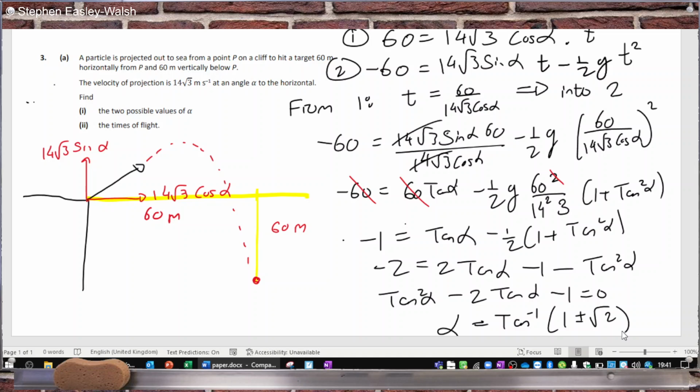which I guess makes sense that one answer will be, let's have a look, mode degree. That's a very small angle.